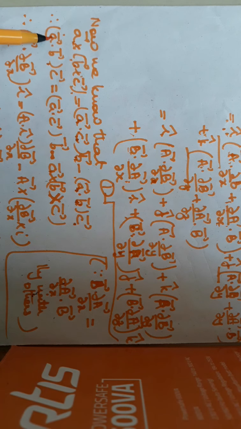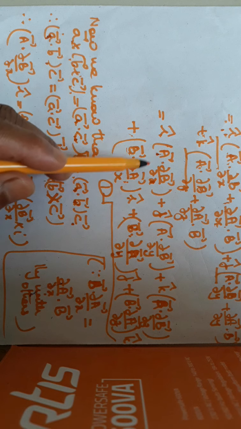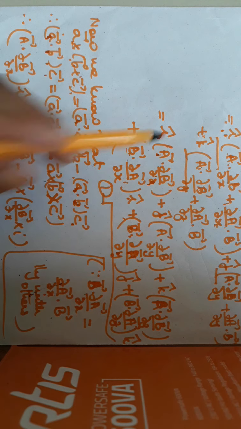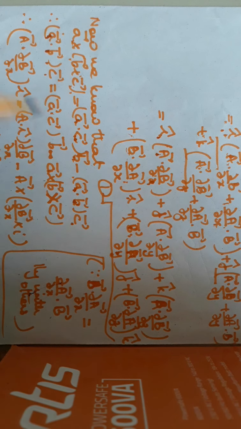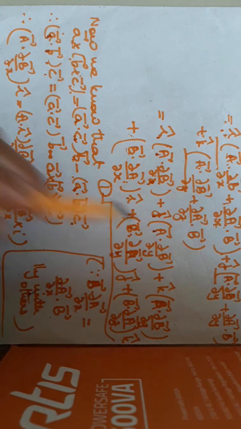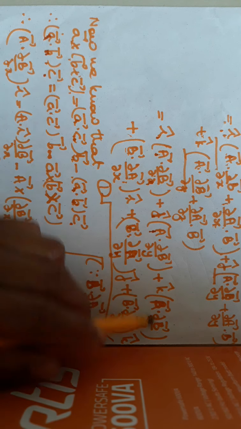So you replace this vector a bar by vector a bar here, and then for this vector b bar you replace del b bar/del x, and c you replace by i. Similarly for this also, you replace a by vector a bar, and this as del b bar/del y, and this as j cap. Similarly with k also.